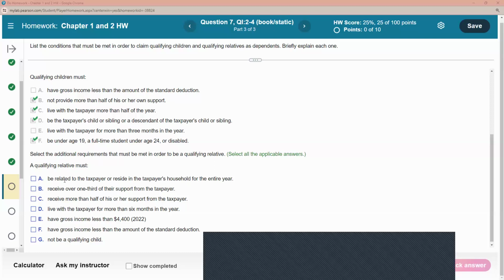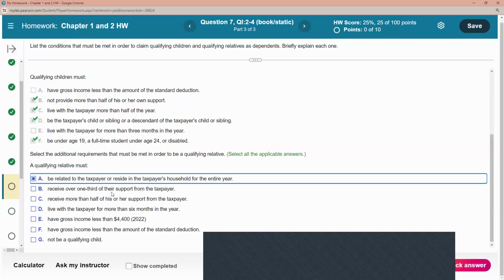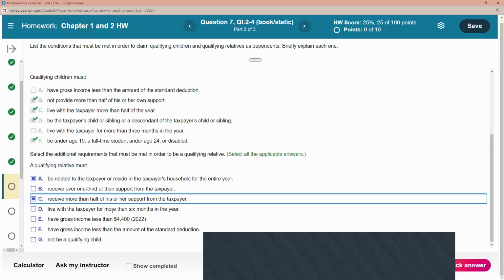So A, do they have to be related to the taxpayer or reside in the taxpayer's household for the entire year? Yes. They receive over 1/3 of their support from the taxpayer? No. They receive more than half of his or her support from the taxpayer? Correct. They live with the taxpayer for more than 6 months in a year? No. They need to reside in the taxpayer's household for the entire year.